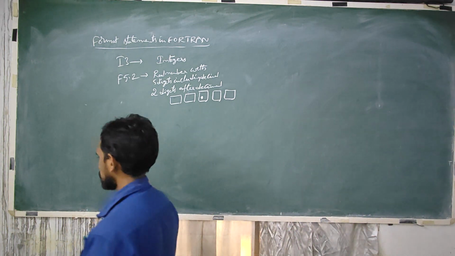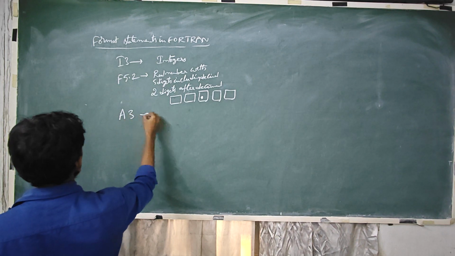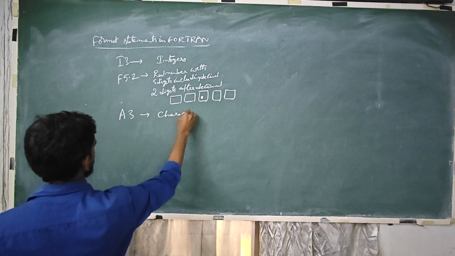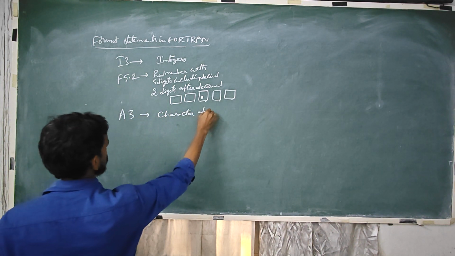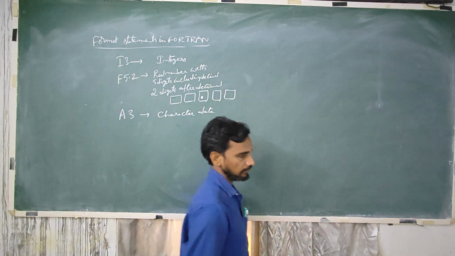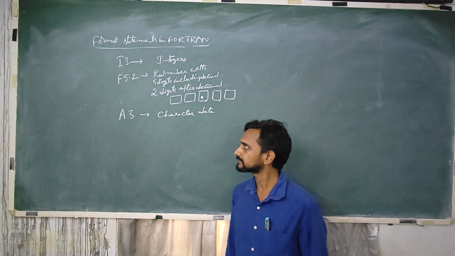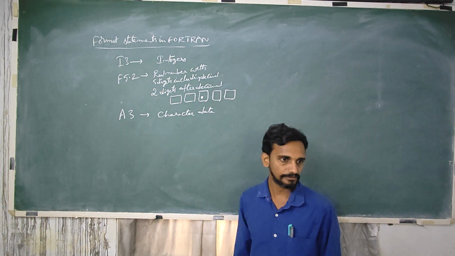Okay, and for characters, for text data, let's say a 3-letter word, it takes only 3 letters.